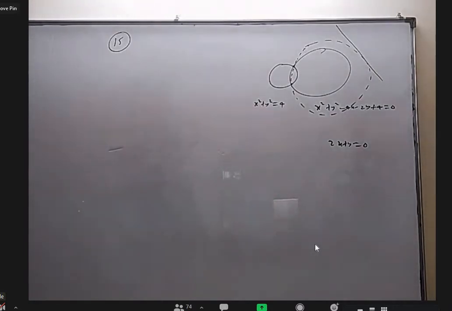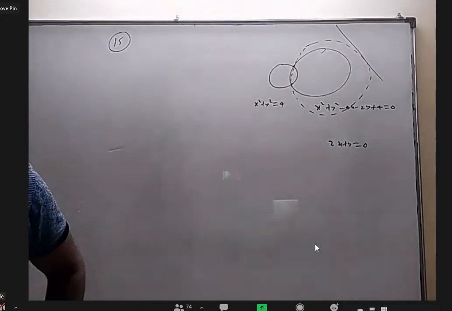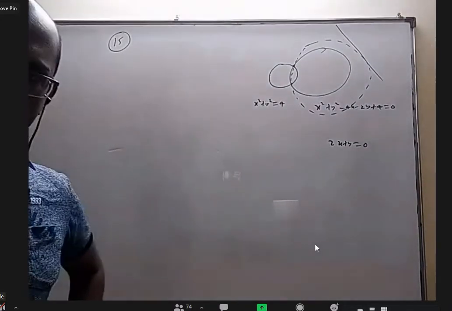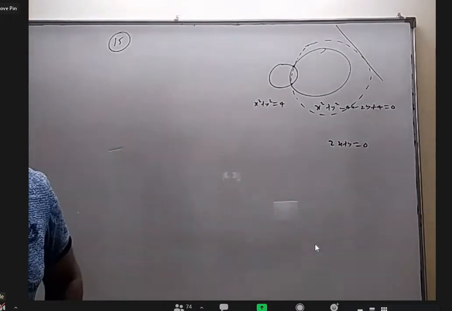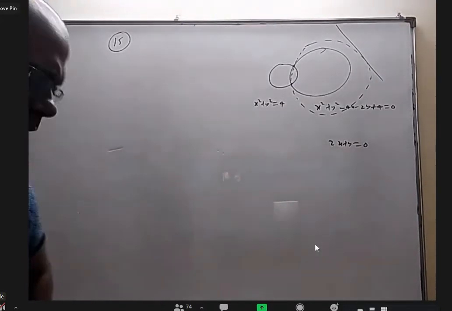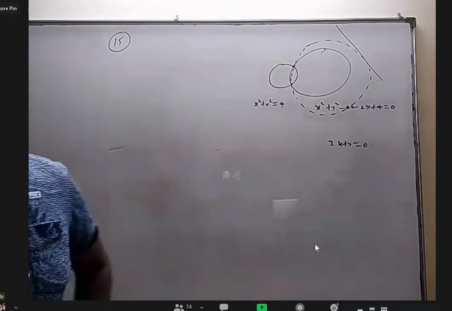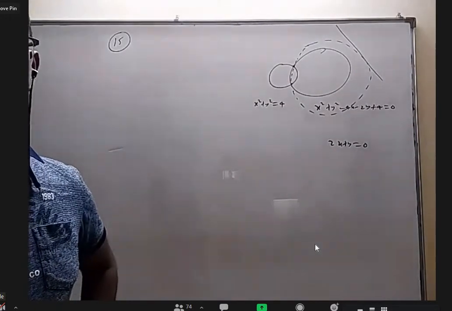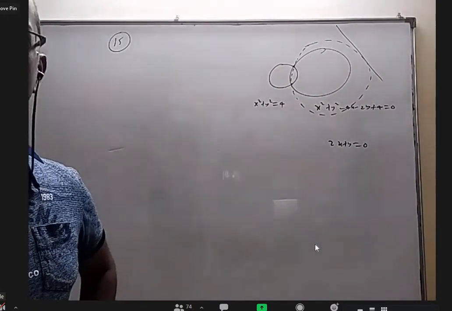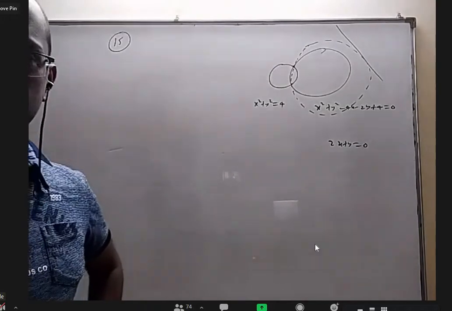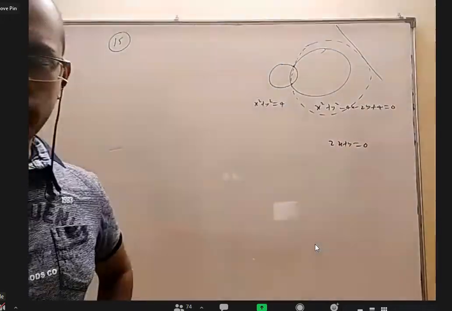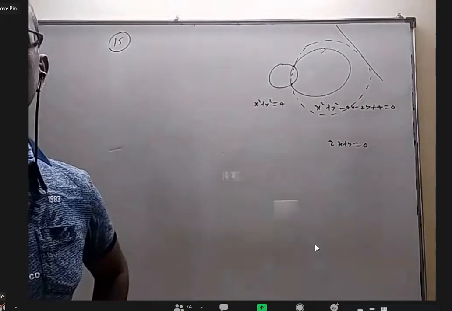Sir, we can find the equation of a circle passing through those two points, no, sir. How? S plus lambda s dash equals to 0. S plus lambda s dash you want to use? Yes, sir. Okay. How to find lambda? And then distance from the center of the circle to the line is radius, sir.